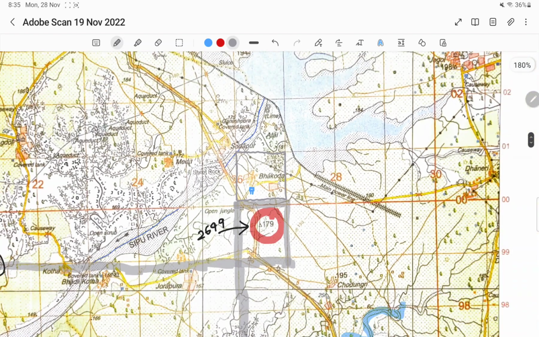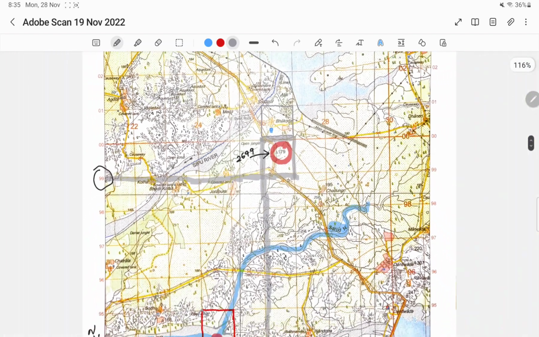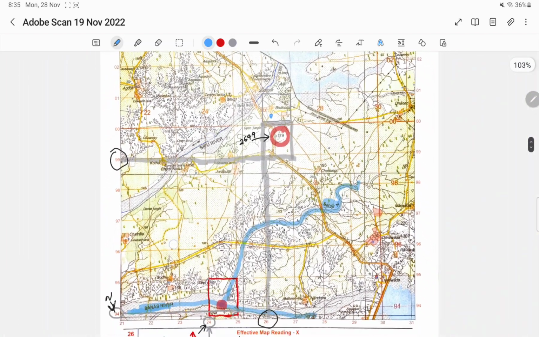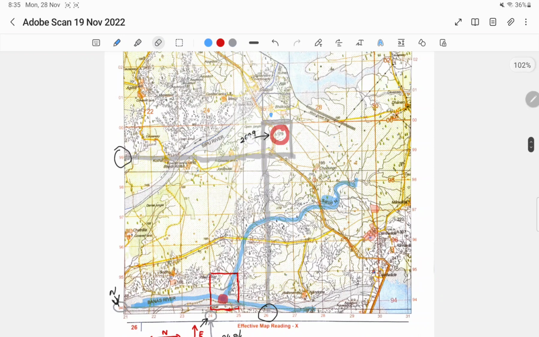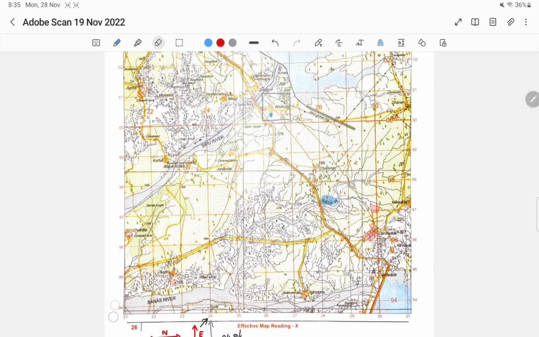First of all we will check the eastings, and let's rub the other parts because we have already completed them, in order to reduce confusion. So this will be the eastings for this grid square, that is 26, and this will be the northings for this particular grid square, which is 00.